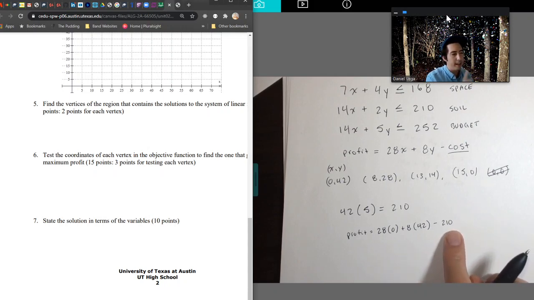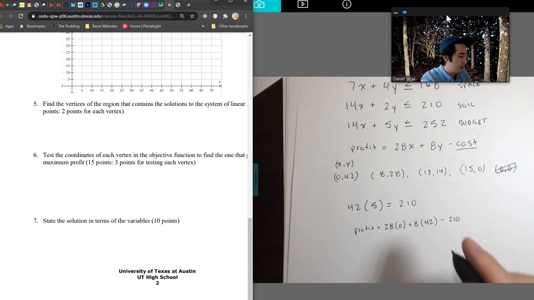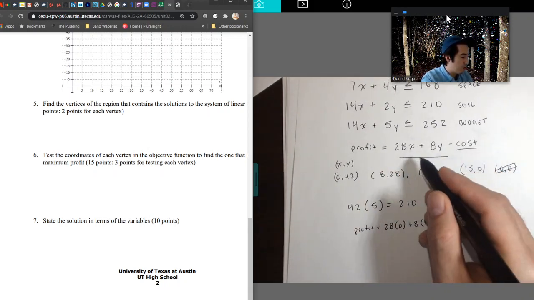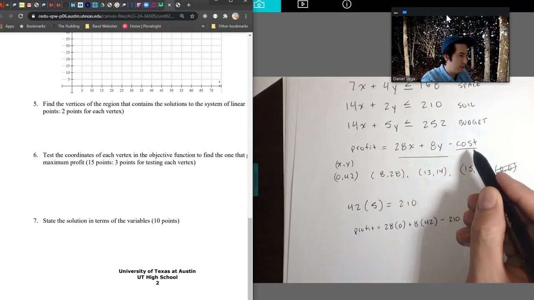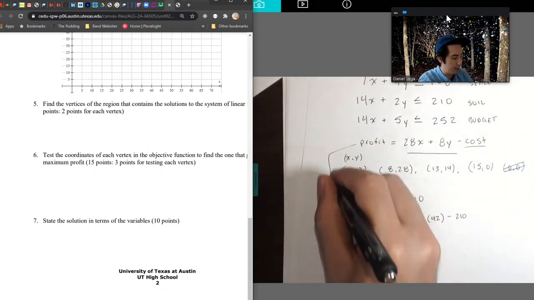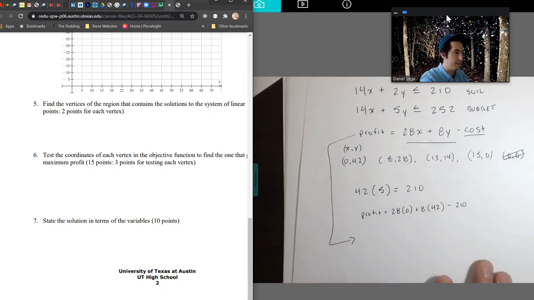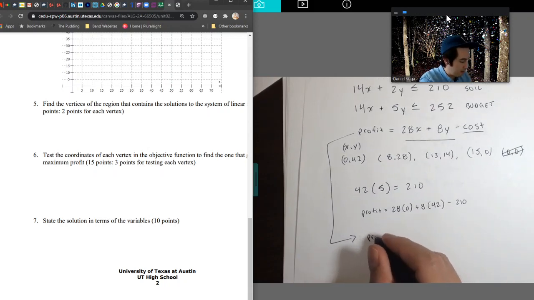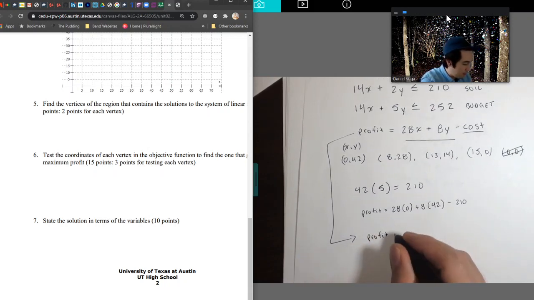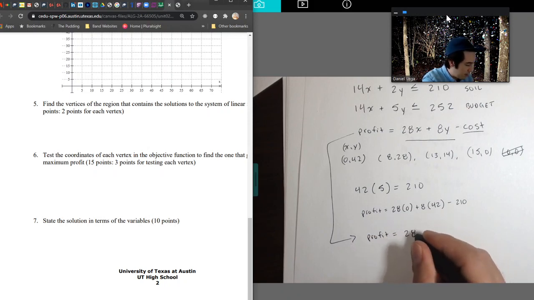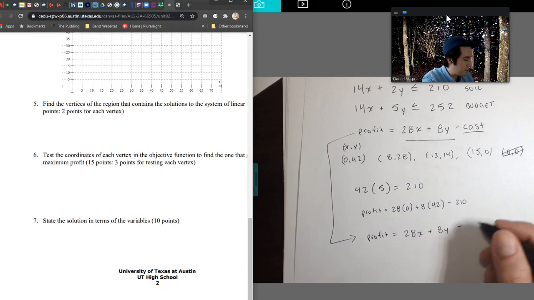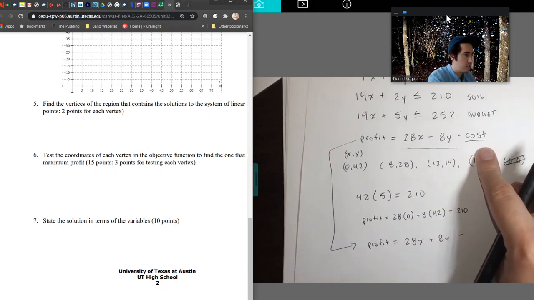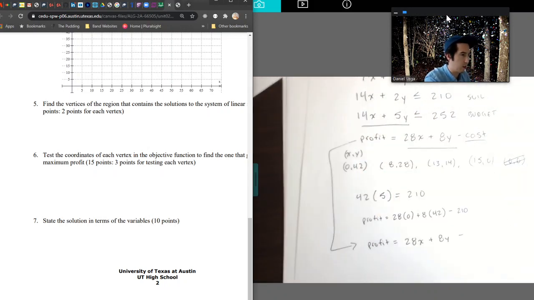So really, now that I'm thinking about it here, let's change our profit. Here we had profit is 20x plus 8y minus cost. Let's think about that again really quick, now that I'm actually thinking about profit. I'll write that again, 28x plus 8y minus the cost. Well, the cost is just this equation here. That's the cost.